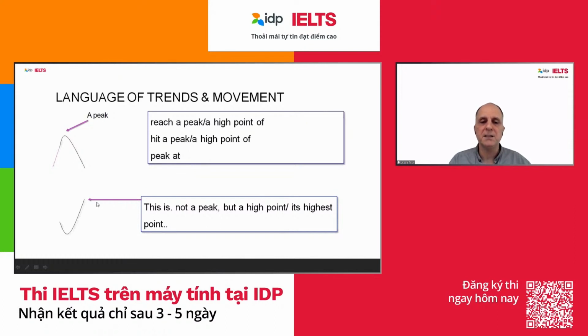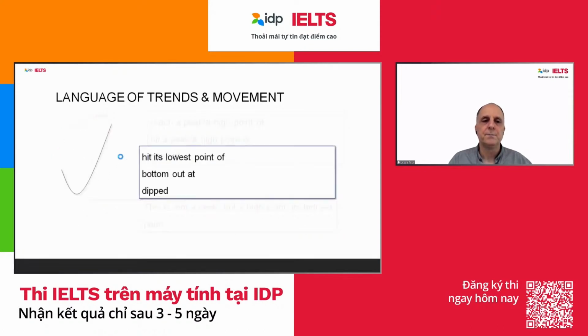It finishes at a high, at its highest point. Remember, a peak should go down like that. Once again, going the other way, hits its lowest point of, dipped on here as well. So remember those.